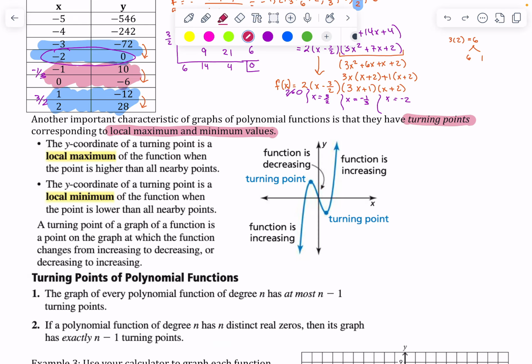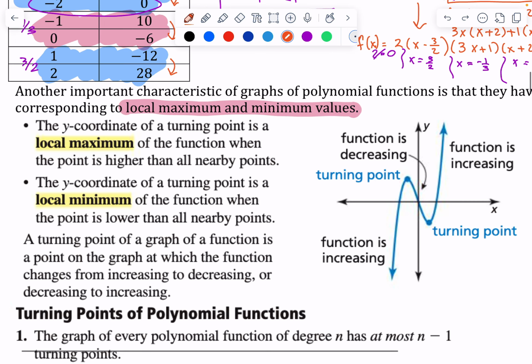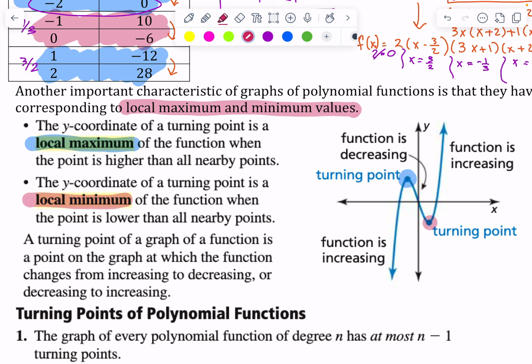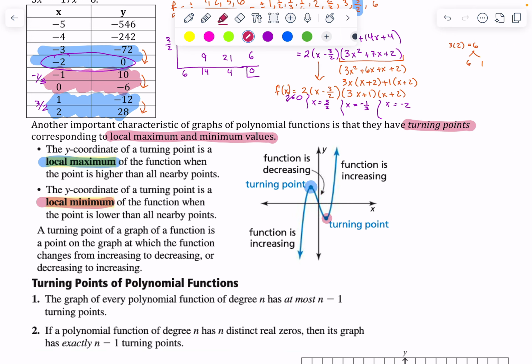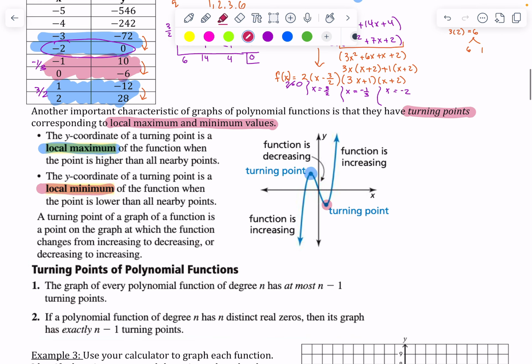It's called a local max because there are other points on the graph that are higher than that point, but it's like a peak when referring to a local max, and a valley or a dip when referring to a local min. So in this graph, that point would be considered a local max, and this point would be considered a local min. Okay? And that's pretty much it. It doesn't have to get too complicated.